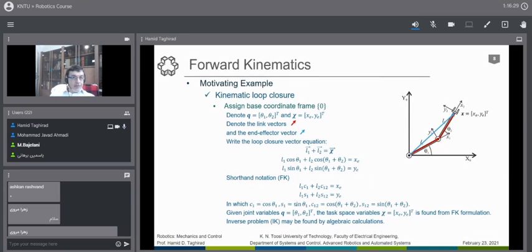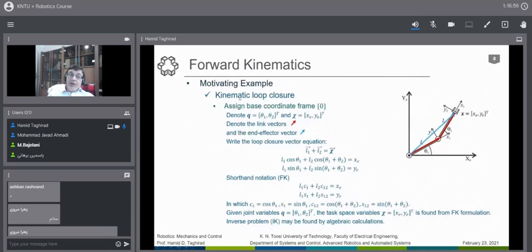Is forward kinematics hard? Not at all. If you think about it as a loop closure, don't go through the way that Craig is representing this. It is much easier to find the way it is really working instead of having an algorithm to find that.